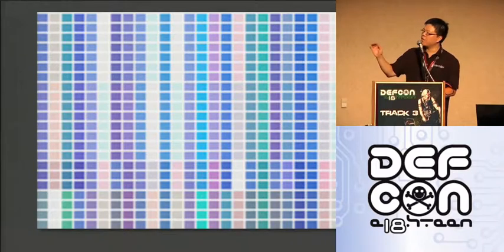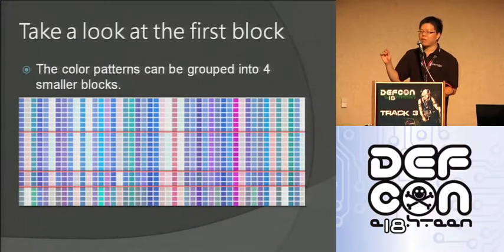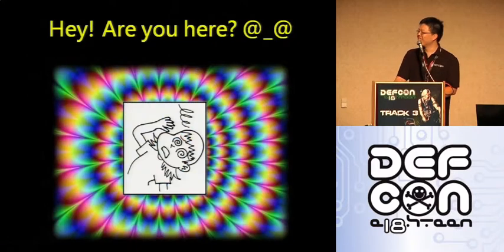So it seems that you can see 4 blocks within this big block. Simply by visualizing it, you can already group these colors into 4 blocks. I hope that you guys are not feeling dizzy.